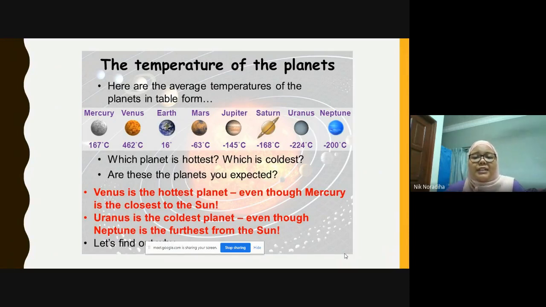Because Uranus is tilted more than the other planets. Alright? So the heat that Uranus gets will be poured out to outer space compared to the amount of heat that it retains. Okay? Alright. So, teacher hopes you guys can understand how to answer the questions for the topic temperature of planets.